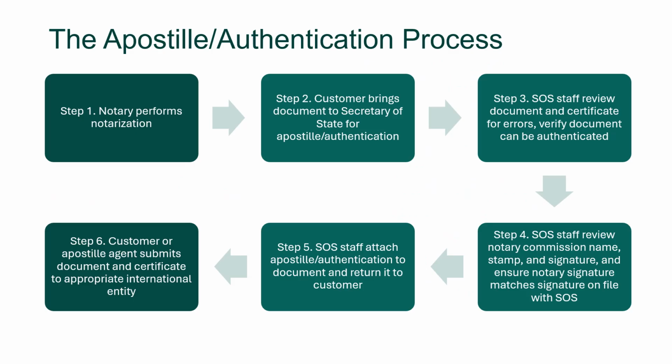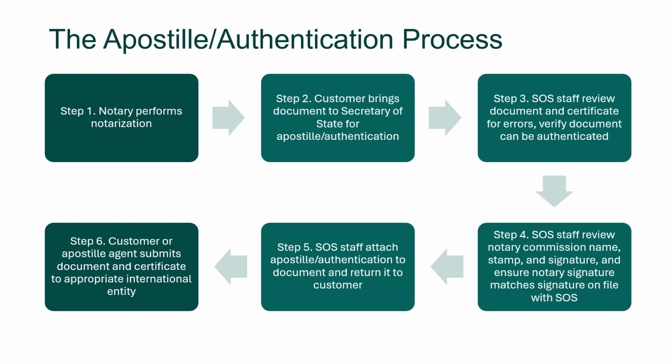What is the process for attaching an apostille or authentication? Step 1, the notary performs the notarization. Step 2, the customer brings the document and certificate to the Secretary of State for attaching the apostille or authentication.